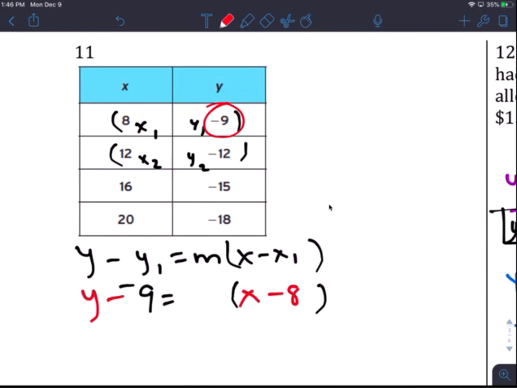Okay, let's find this m here. m stands for rate of change or slope: y sub 2 minus y sub 1 over x sub 2 minus x sub 1.